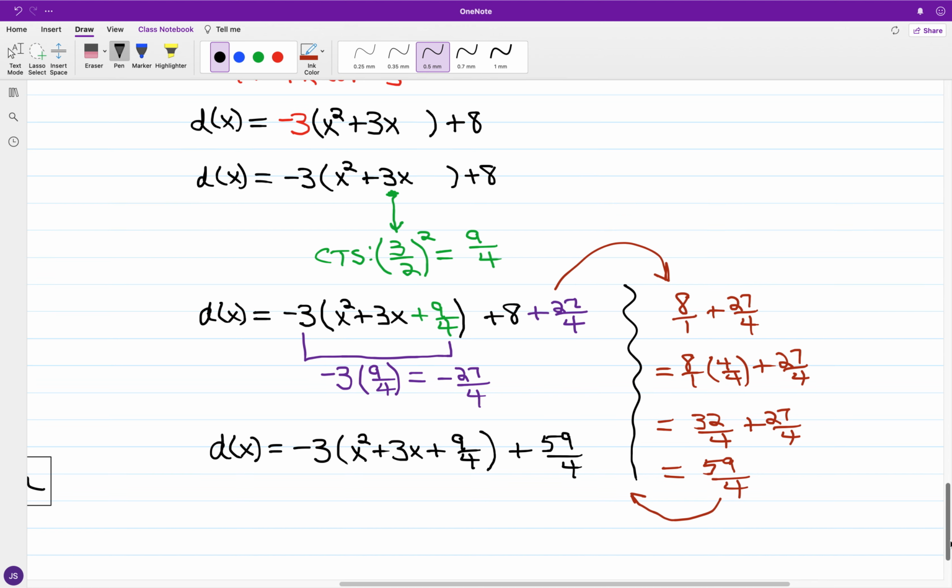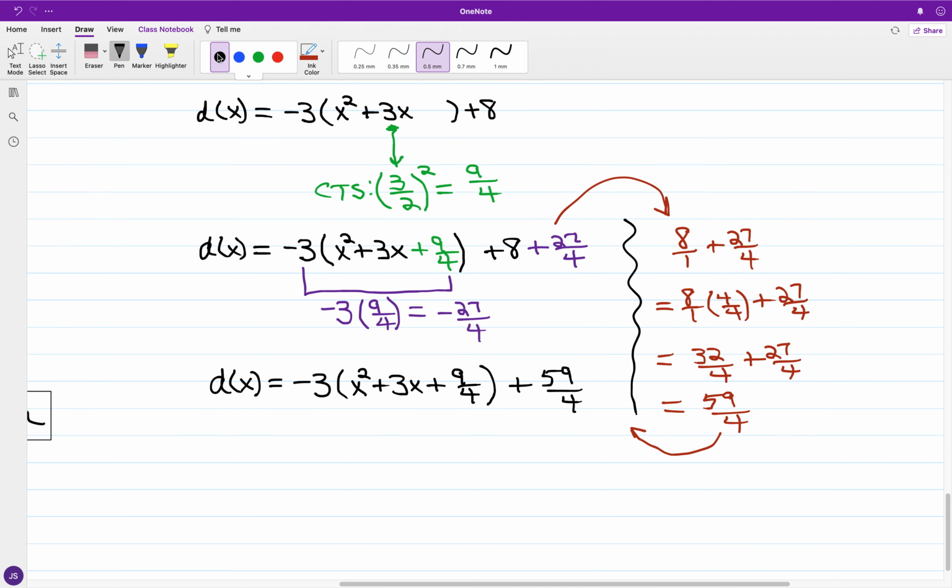And for what we have in the case of the vertex form, so you have d of x, and your a value is going to be -3. And your k value is already going to be 59/4.